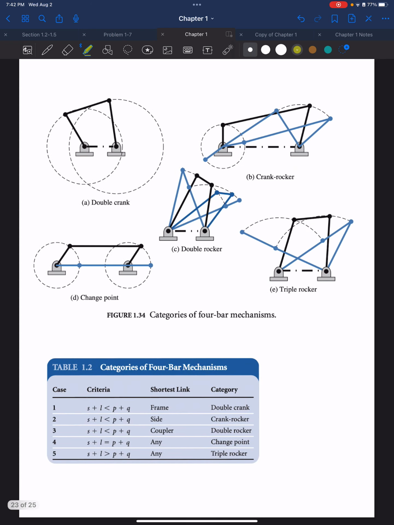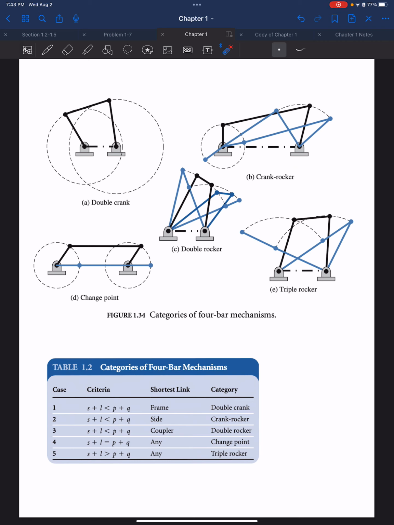So let's take a look at some categories of 4-bar mechanisms. The first one we'll look at is a double crank, and we can see in our table 1.2 that we have a definition for it, S plus L being less than P plus Q, and the shortest link being the frame.